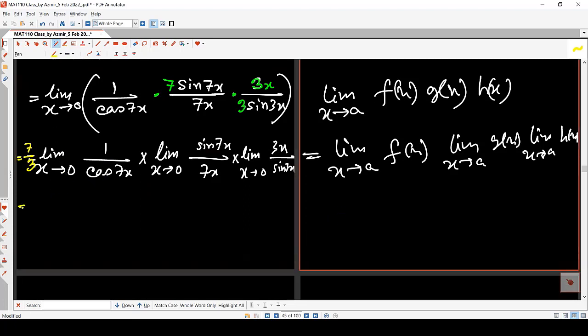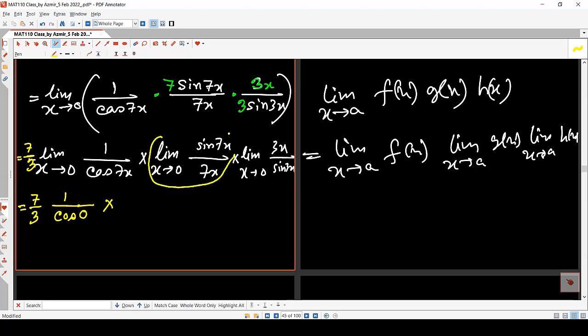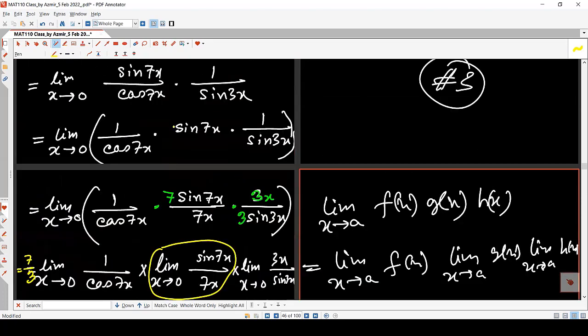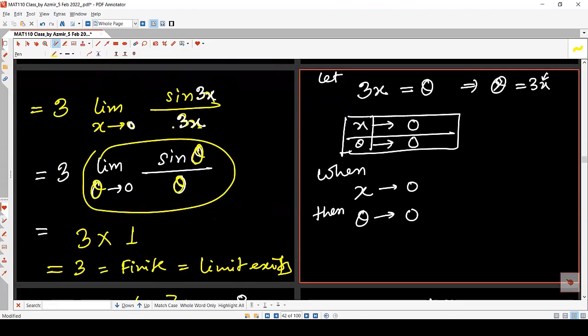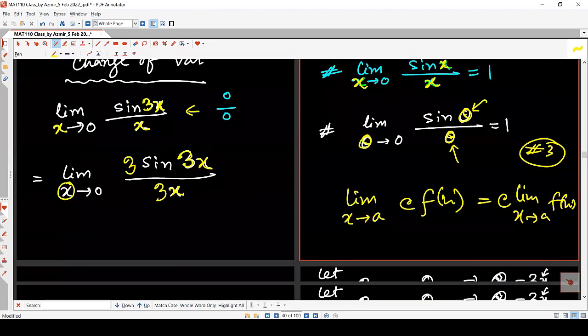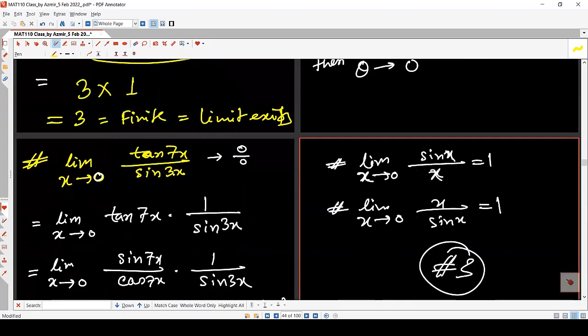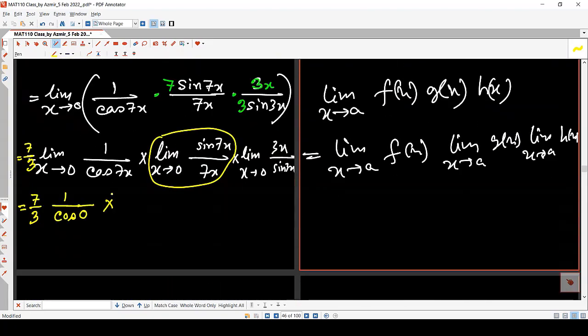So what we can do, we can write 7 over 3. Now limit x tends to 0, 1 over cosine 7x. That is 1 over cosine of 7 times 0, that is 0. So we have 1 over cosine 0 times, this will be 1, because we have seen a similar problem here. By using change of variable, we can write 1 here.